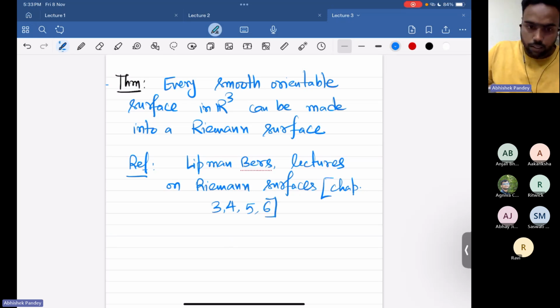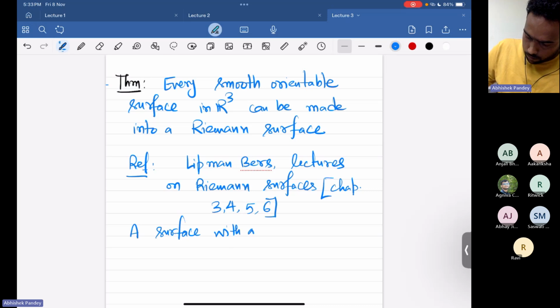So this basically will tell us that a surface with a Riemannian metric can be made into a Riemann surface.